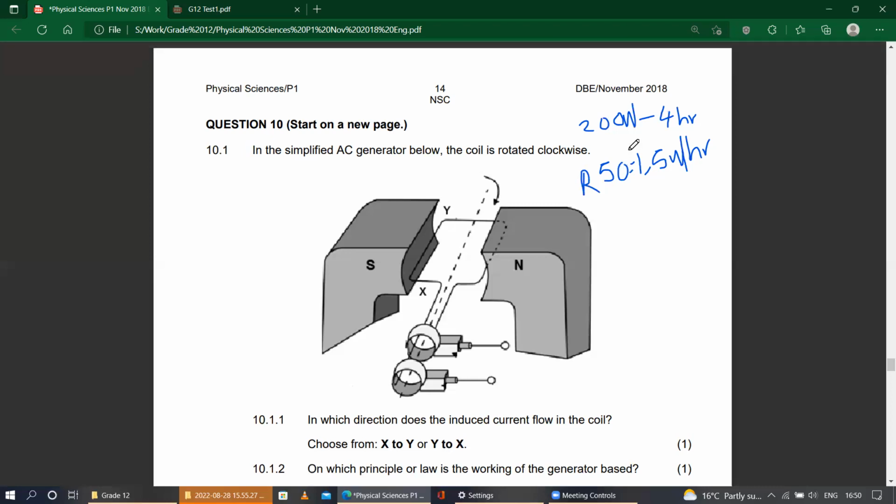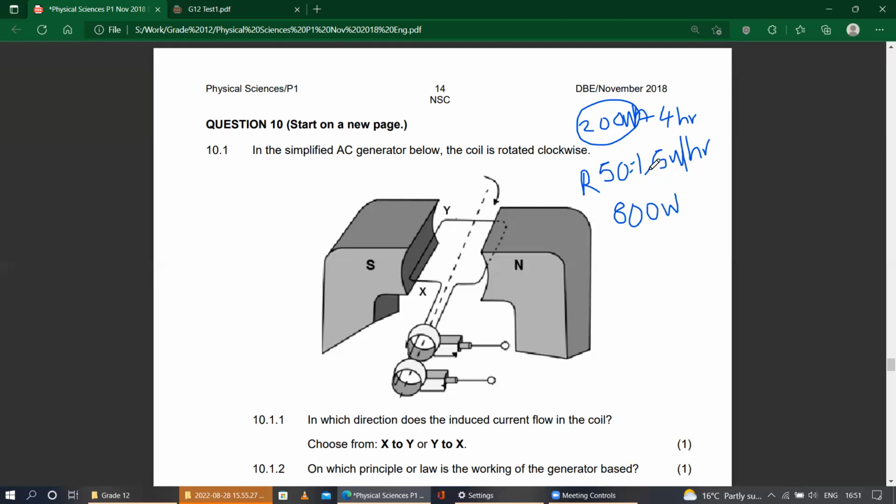Let's say it uses 200 watts per hour, and it's used for 4 hours. So that means it's gonna use 800 watts in total in 4 hours.